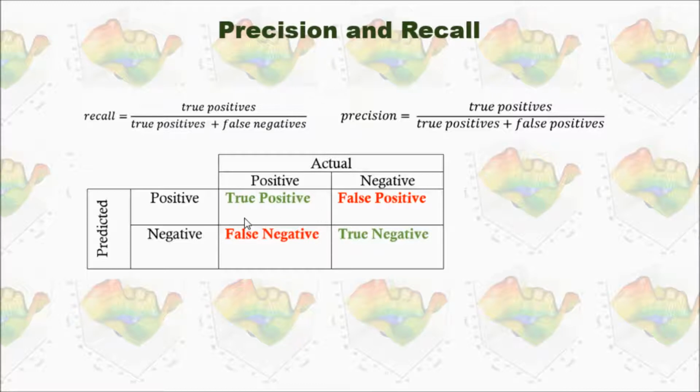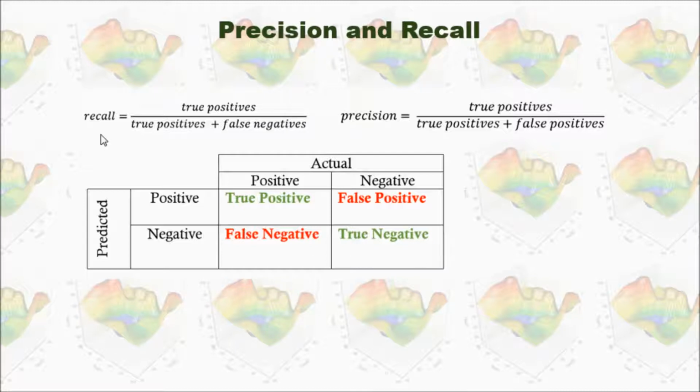But if in the actual case it's positive, but we predict it as negative, we will say this is a false negative, because the true value should be positive. Similarly, we will have false positive and true negative. The true negative means it is negative, and we also predicted it is negative.